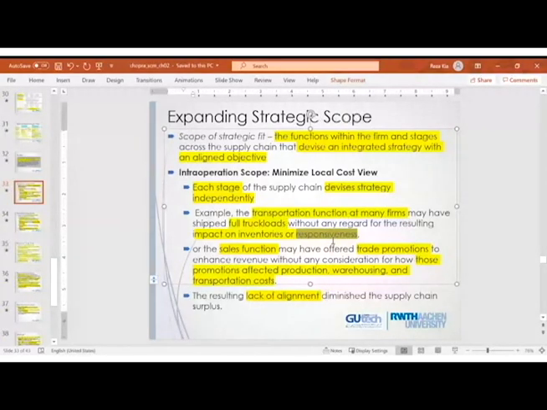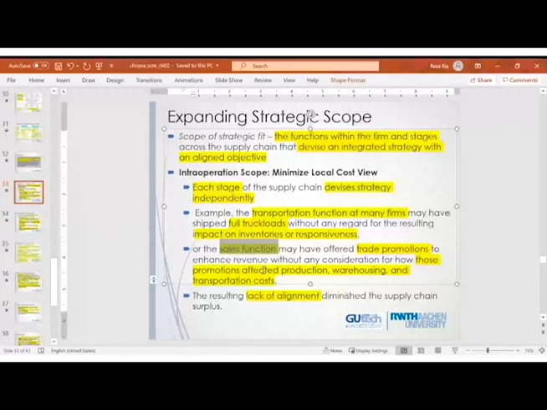On the other side, for example, for a sales function, if they are going to offer a kind of promotion or a kind of discount on their product, this promotion could have some effect on the production, warehousing and transportation costs. Why is there a link between promotion and production? Because when you are going to offer a promotion, it means that you can expect some surge in demand by the customers.